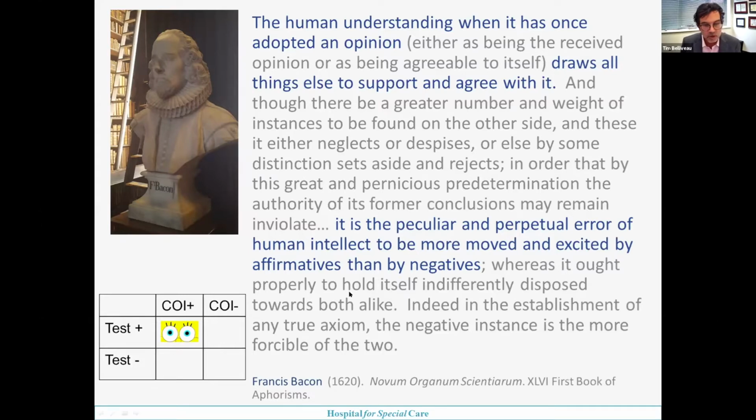So how this all applies to diagnostic reasoning, I've tried to encapsulate in a little diagram in the bottom left, where we have a simple 2x2 contingency matrix, and COI refers to the condition of interest, the diagnosis, whether it's present or absent. And on the left column, a positive test result or a negative test result.